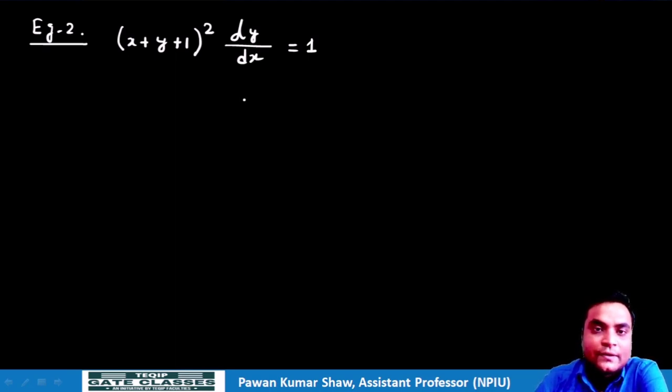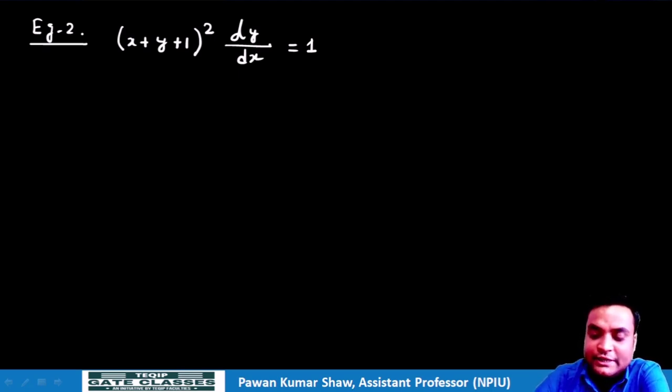Now if you notice, right now we cannot solve using separable variable form, but after taking some substitution we can convert the problem into separable variable form. If we take x plus y plus 1 as a new variable u, then we can easily convert the problem into separable variable form.